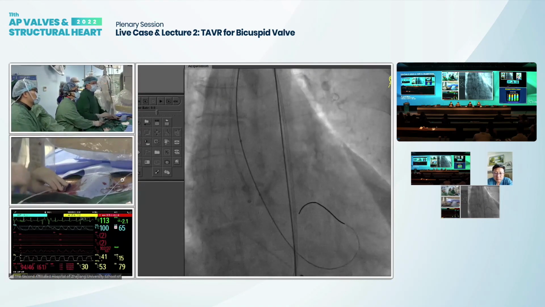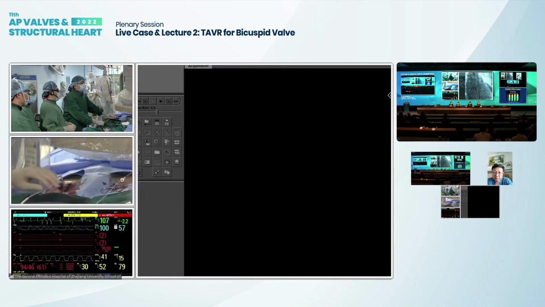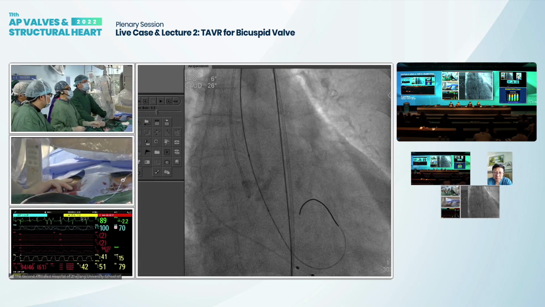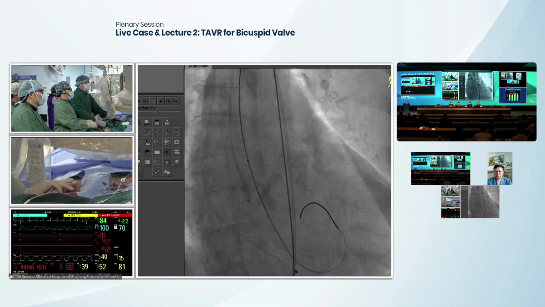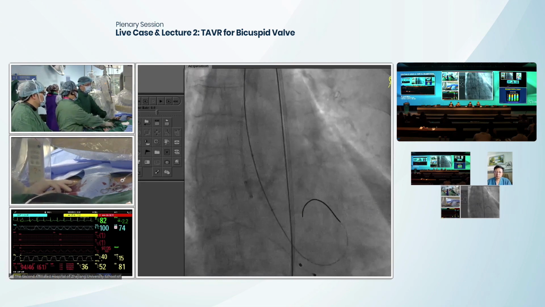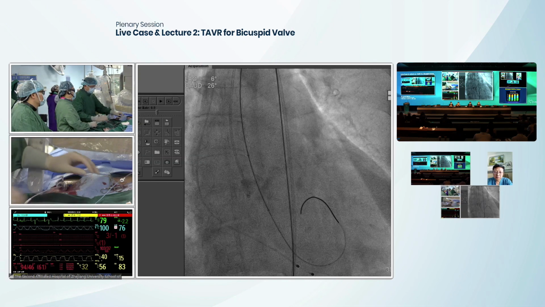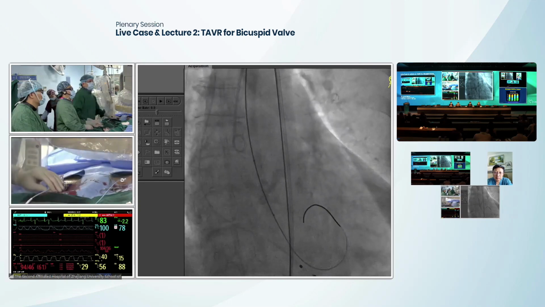The other problem is that the balloon expandable device's radial force is too strong. For this kind of patient with severe calcification, especially annular calcification, it has a high tendency to cause perforation of the annulus.